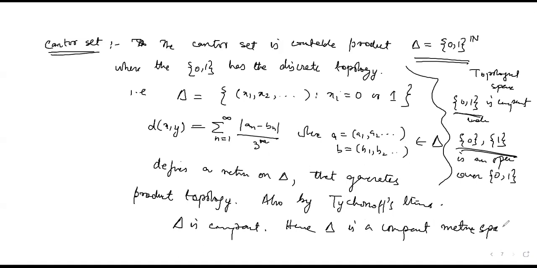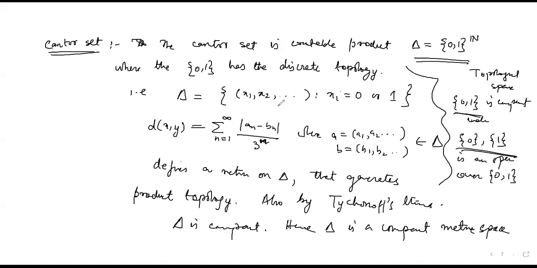Compact metric space. Now this is obviously a metric, right? Because a_n and b_n are either both zeros, or one is 1 and the other is 0. In case both are 0, that term does not count.